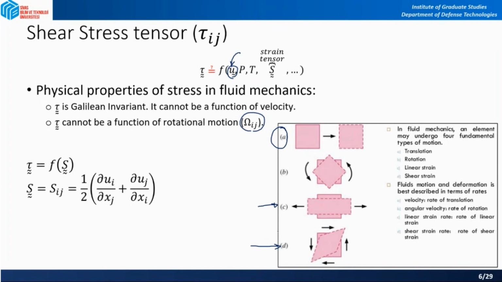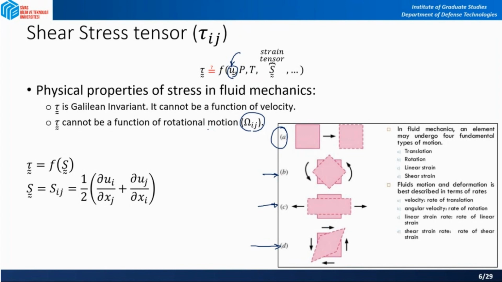If there is a square, like in B, and you rotate it some degrees, it will still be a square. It does not become a parallelogram or a rectangle or something else. So stress generation requires deformation. Always keep it in mind. When there is deformation, a stress will happen. So tau cannot be a function of rotational motion, because rotation does not create any deformation of the fluid particle.